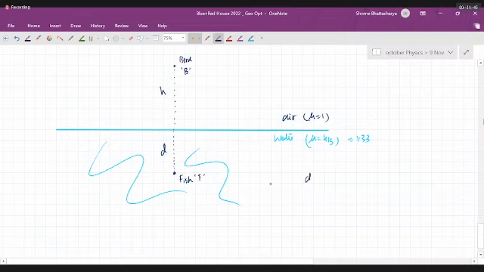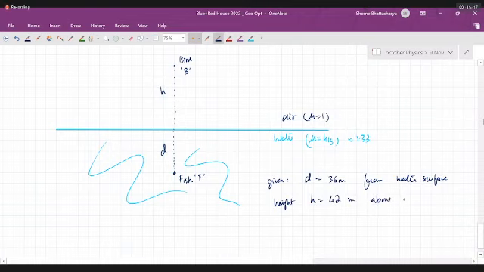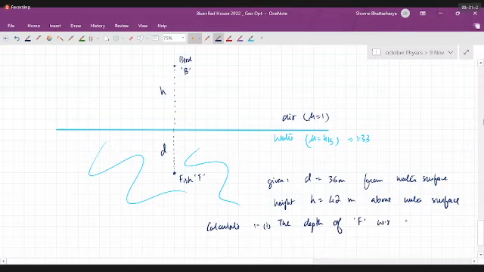So given that the actual depth of the fish is 36 meters from the water surface, and the height h at which the bird is flying is, let's say, 42 meters above the water surface, we calculate the depth of the fish with respect to the bird, as seen by the bird itself.